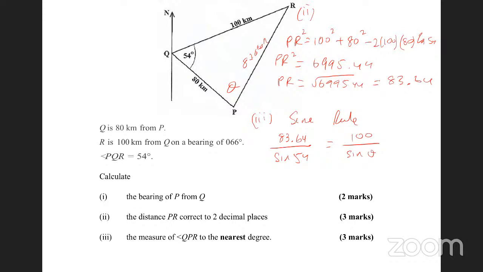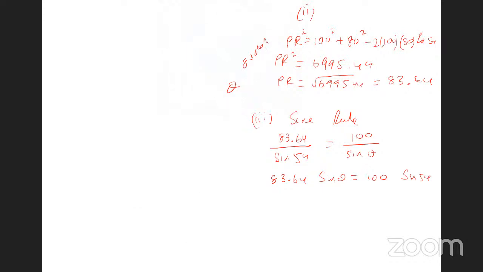Cross multiply and work it out. You'll get 83.64 sine theta is equal to 100 sine 54. So sine theta is equal to 100 sine 54 all over 83.64.